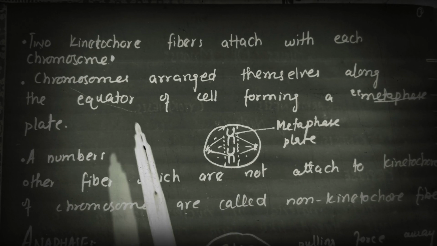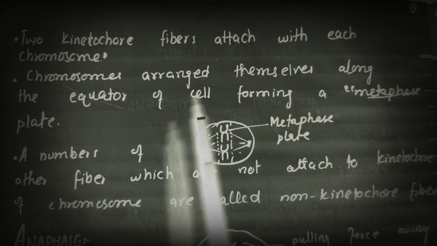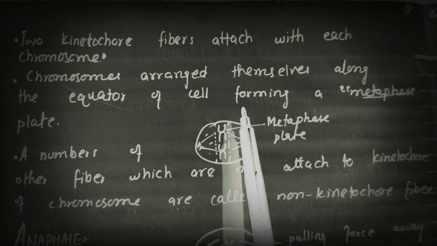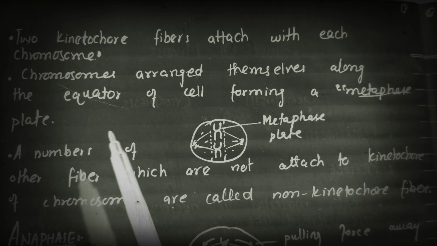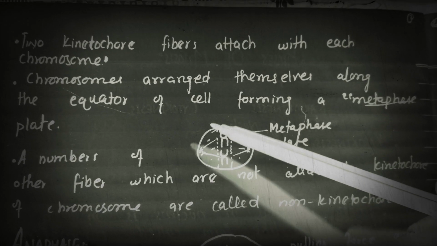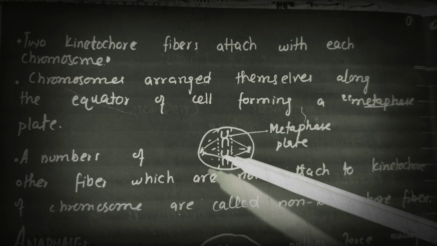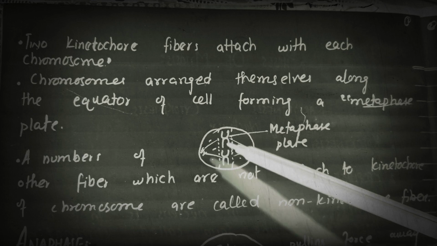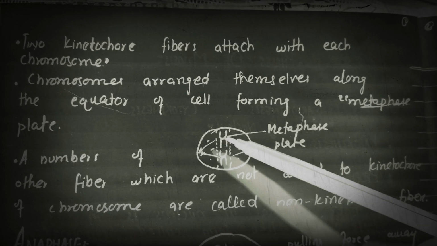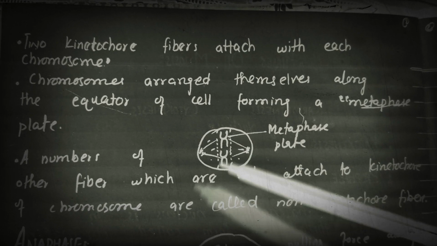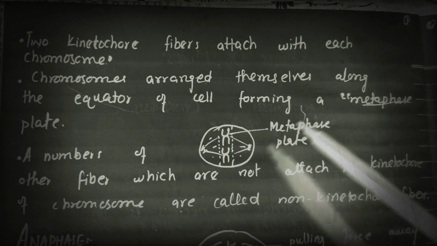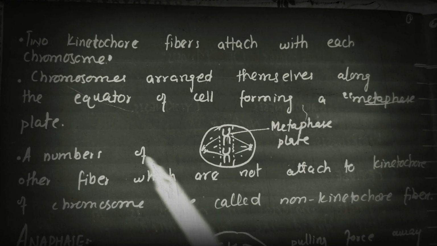Chromosomes arrange themselves along the equator of the cell, forming a metaphase plate. This is the center of the cell, and this center is called the equator. And when the chromosomes align, they form the metaphase plate.